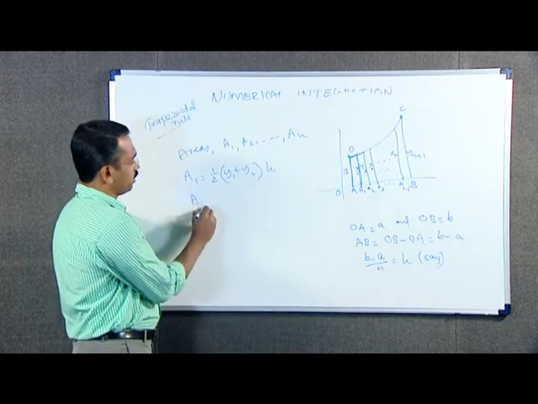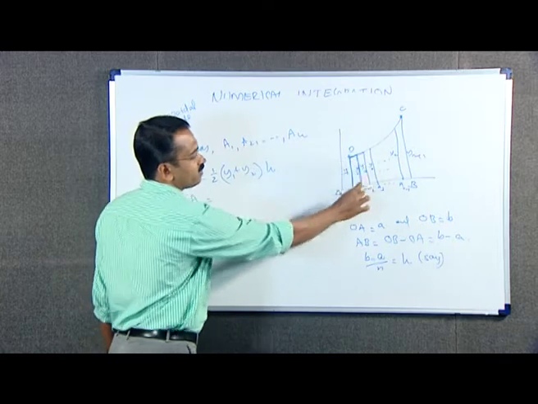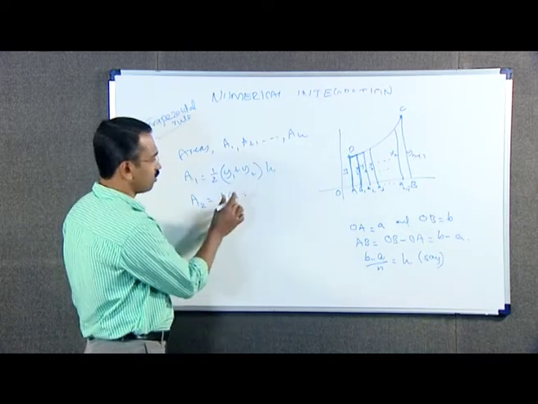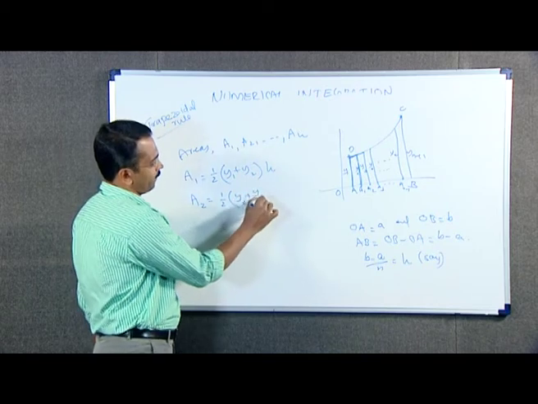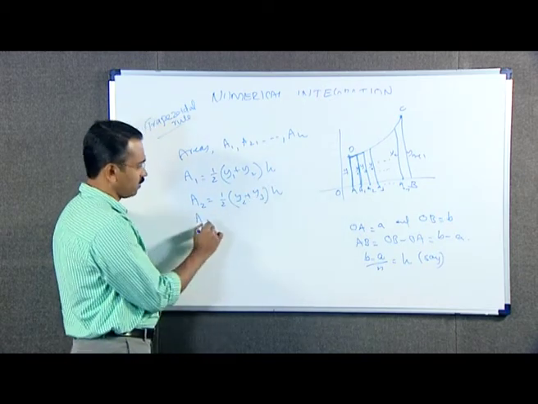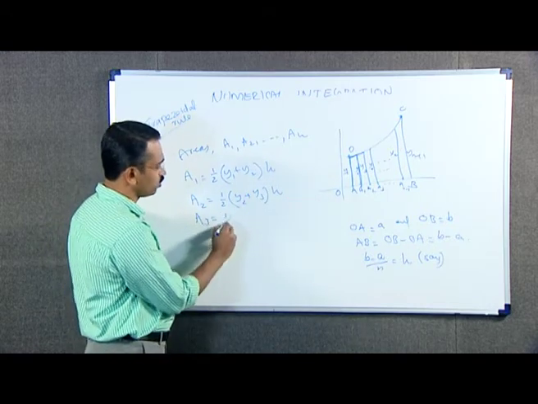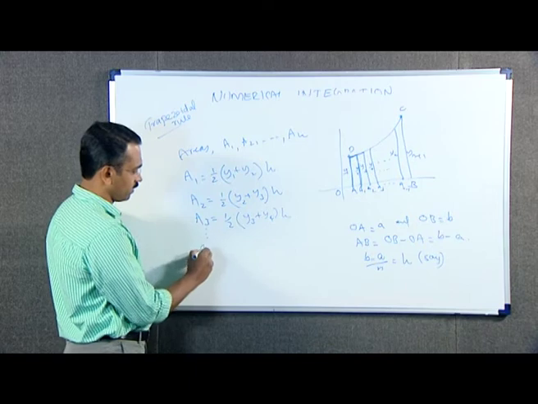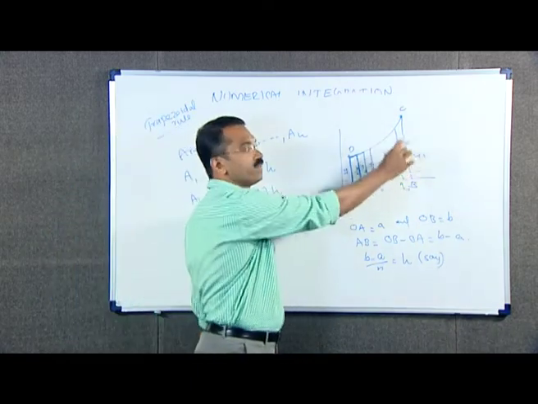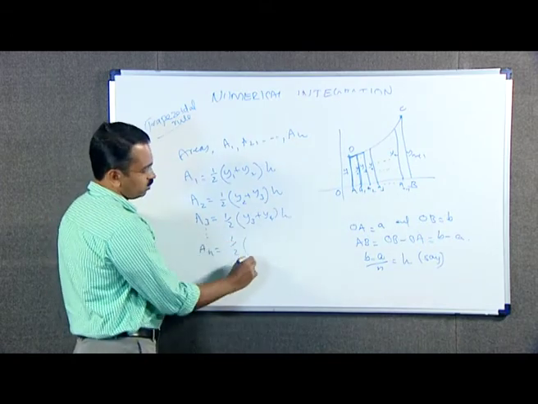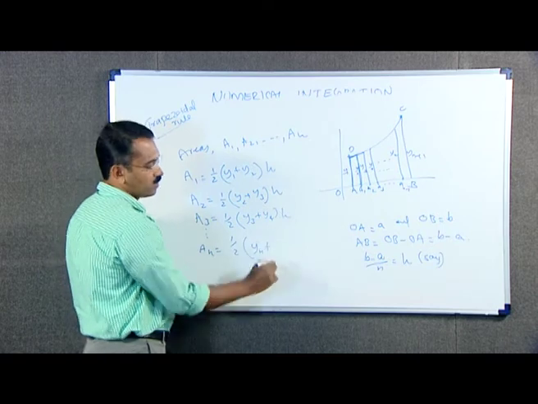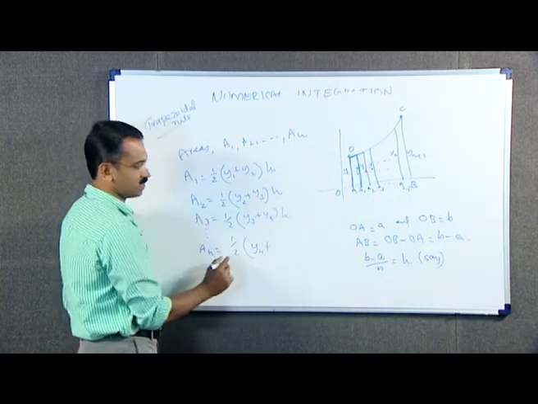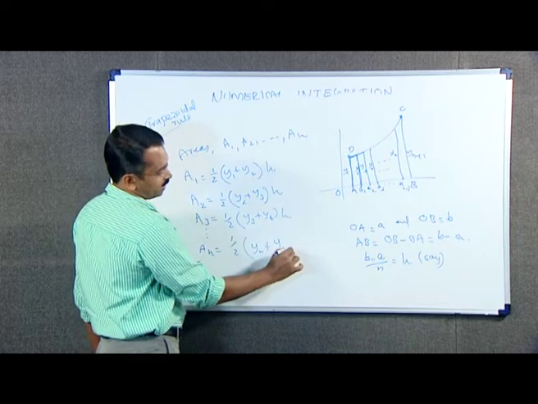Similarly, A2, the area of this second trapezium, is equal to 1 by 2 into y2 plus y3 into h. Similarly, A3, the area of the third trapezium, is equal to 1 by 2 into y3 plus y4 into h, etc. An, the nth trapezium area, is equal to 1 by 2 into yn plus yn plus 1 into h. The ordinates are yn and yn plus 1.